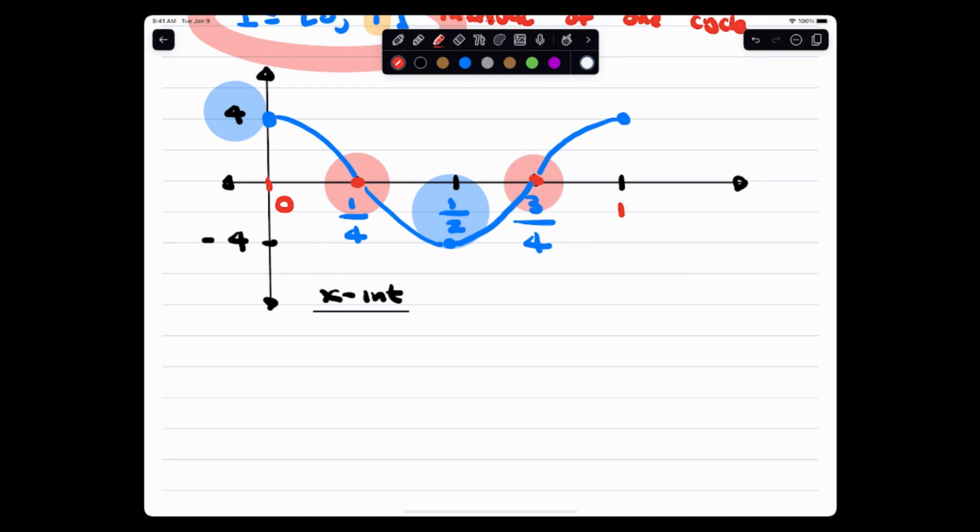This is where you cross the x-axis. So where do you cross the x-axis? Right, you cross at x equals 1/4, and x equals 3/4.